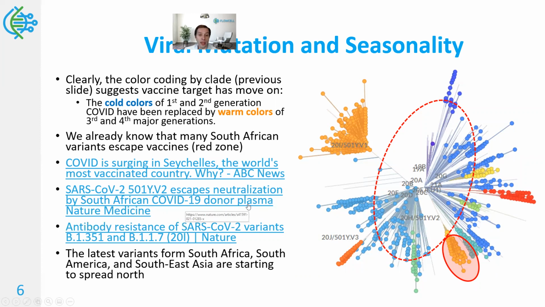That's because the antibodies that were developed in the donor to the original virus, due to infection or from a convalescent patient or to vaccination, are no longer able to recognize the new variant sufficiently.